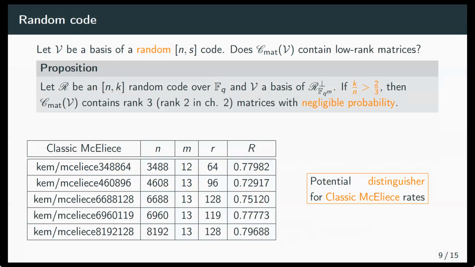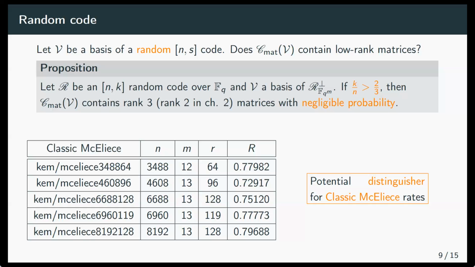So we may wonder if this is something really unusual or something that also happens for a random code R with a basis B. And we can actually show that if the rate of R is at least 2/3, then we do not expect to have low rank matrices in C(B), except with negligible probability. And look at classic McEliece rates, this is the last column in the table.